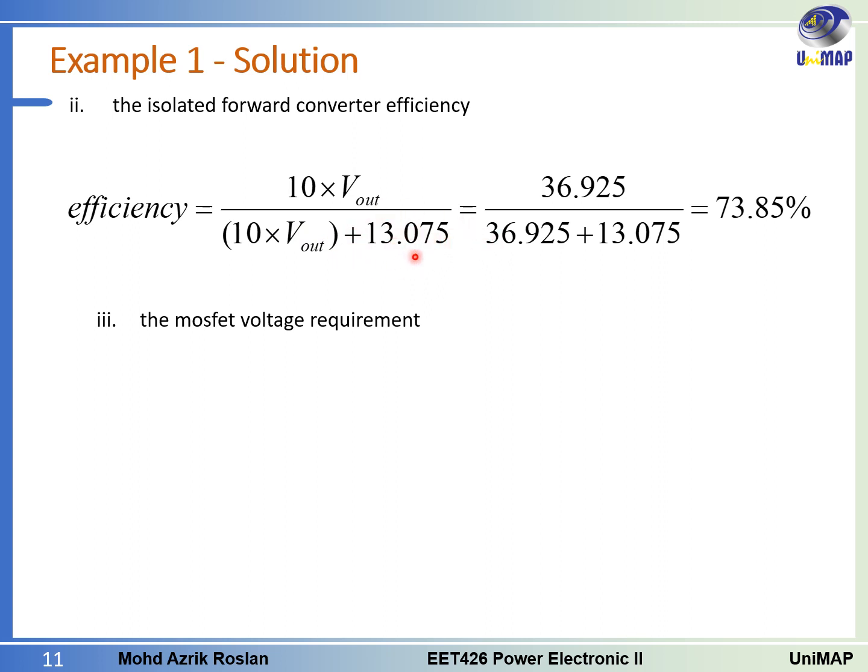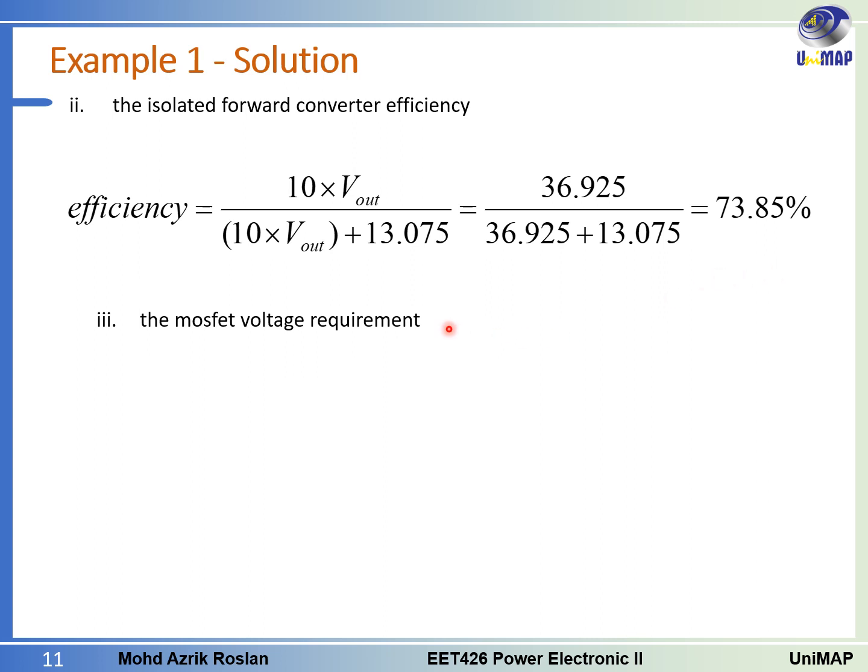If you add all of this, this is the input power. So at the end you will get 73.85%. This is the efficiency of the converter.